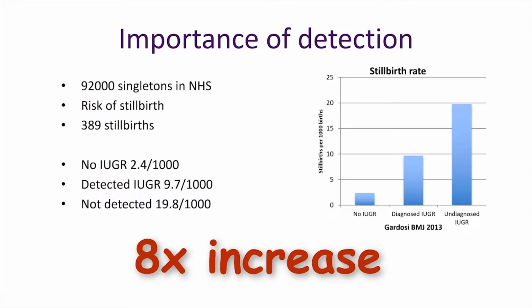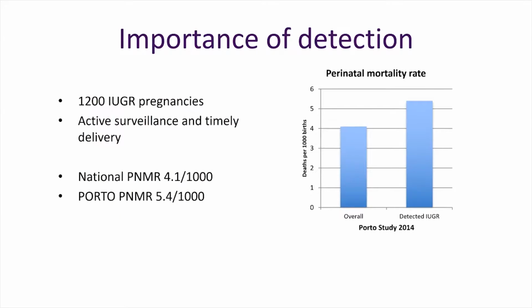So in other words, the risk of a stillbirth is 8 times higher in a non-detected growth restricted fetus compared to a normally grown fetus. So this is a very high risk group, and it's important that we try and detect these pregnancies.